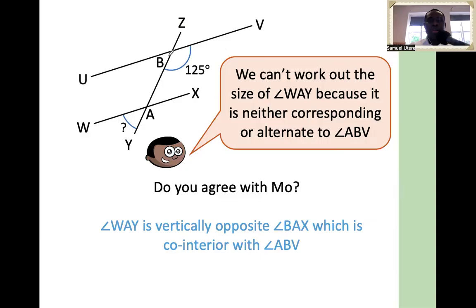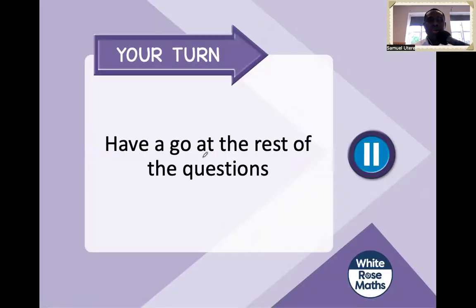So these two angles, this angle here, which is angle BAX, must add up to this angle 125 degrees to get 180 degrees. So if we can find this angle, it must also be equal to the angle WAY that we're looking for because they're vertically opposite. So we'll disagree with Mo.